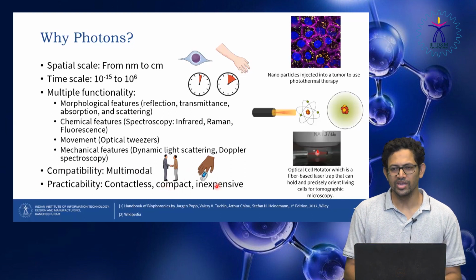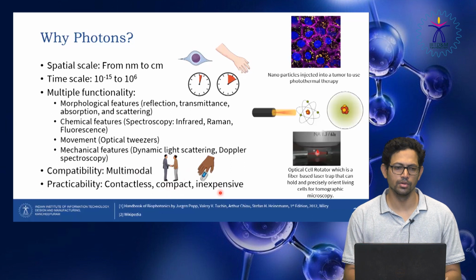It is also inexpensive. The laser diodes that we use are, for example, the red laser diodes, which operate around 650 nanometers. They cost around 2 to 3,000 rupees at this moment in 2023.